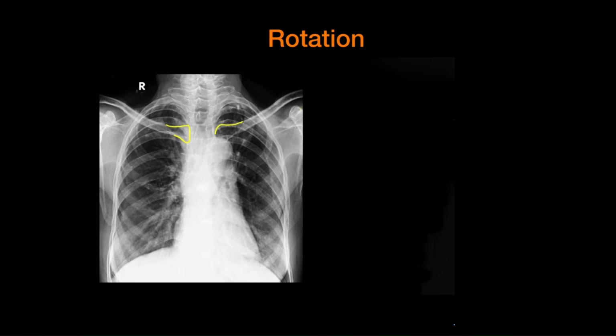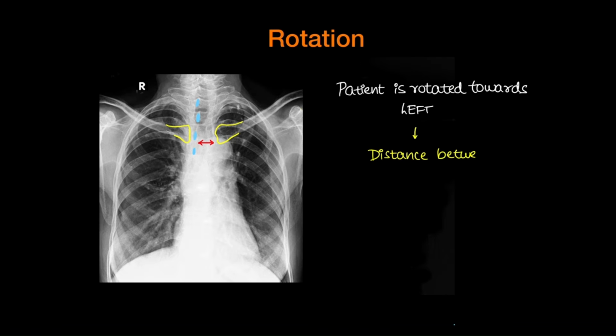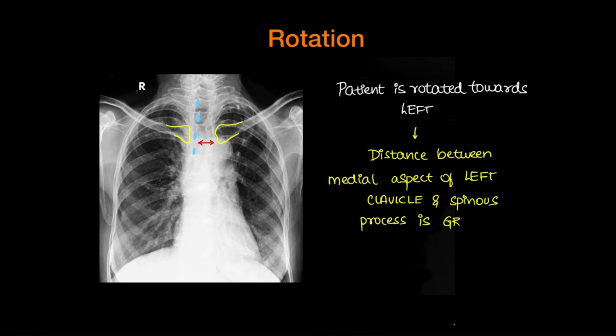The same happens if the patient is rotated towards the left side. In this X-ray the patient is rotated towards the left. You can see the distance between the medial end of the left clavicle and the spinous process is greater than the right side.